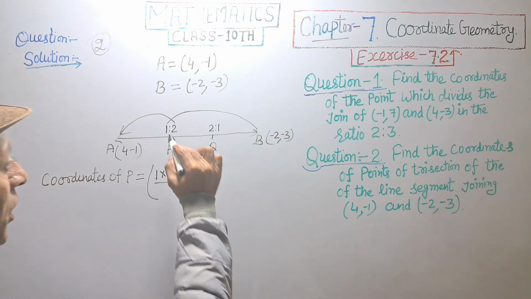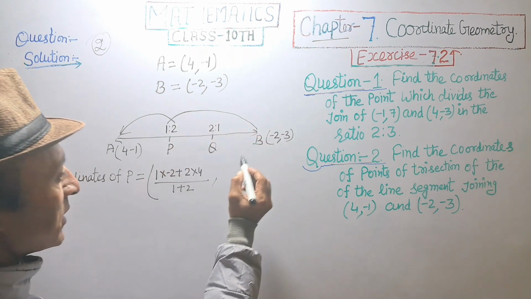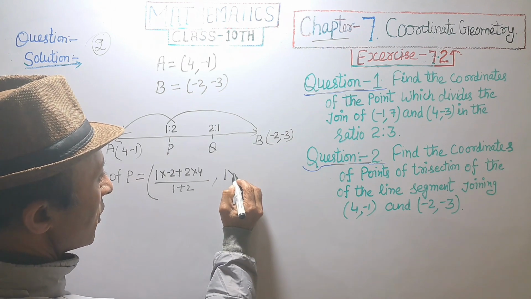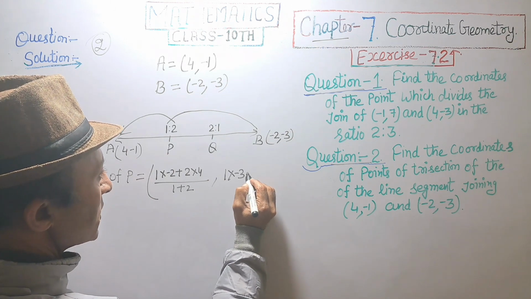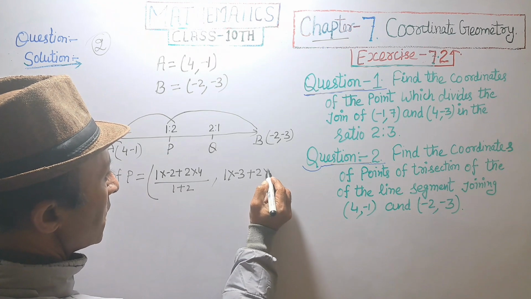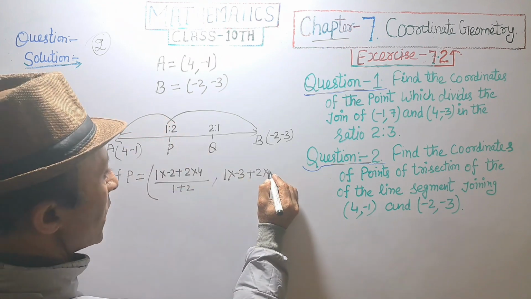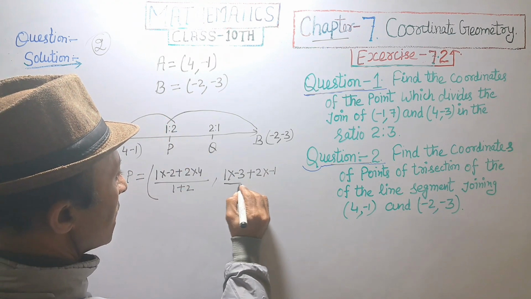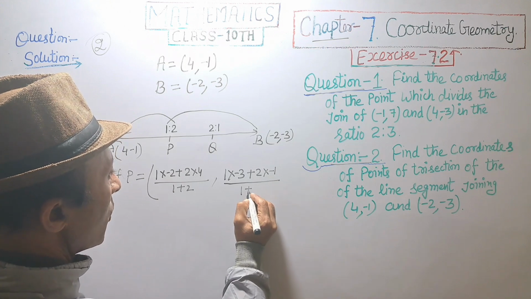comma 1 multiply by minus 3 plus 2 multiply by minus 1, divided by 1 plus 2.